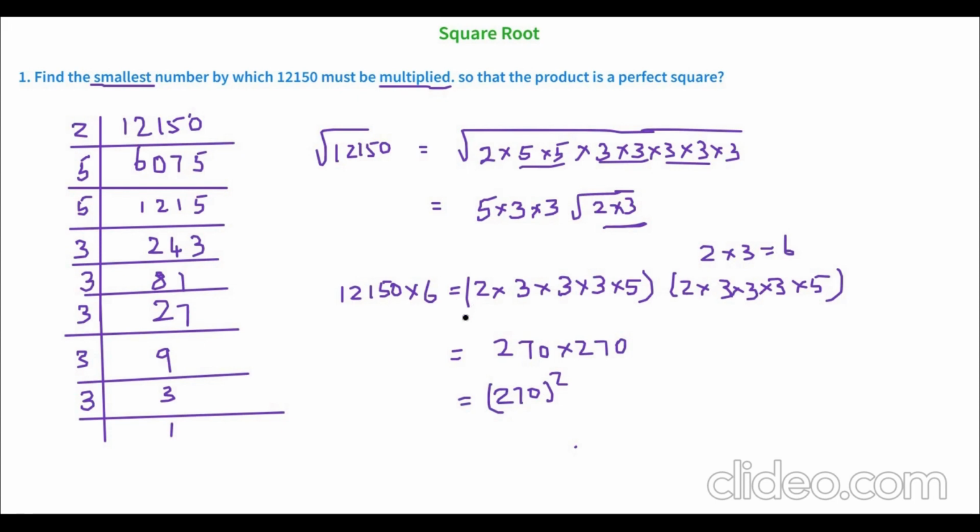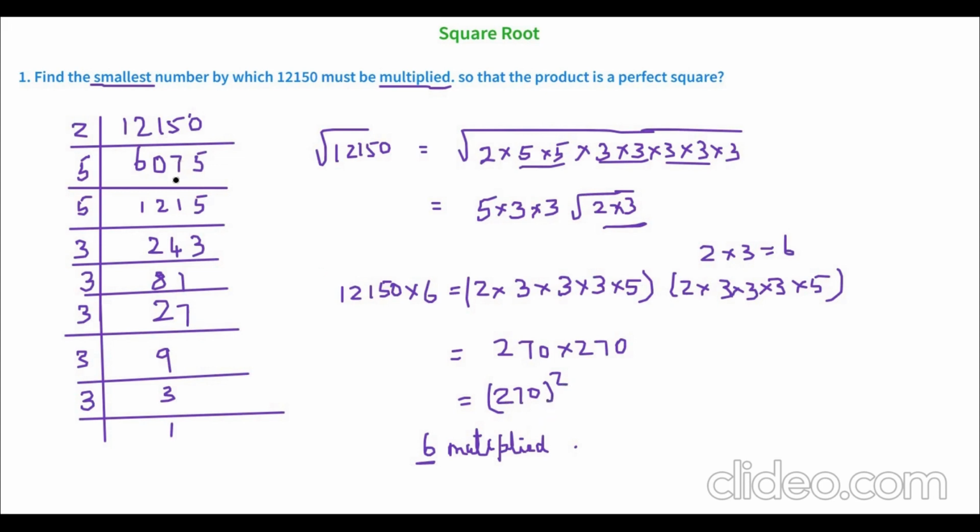So we can directly write 6 must be multiplied with 12,150 to make it a perfect square. So the next perfect square would be 270 the whole square. Isn't it easy?